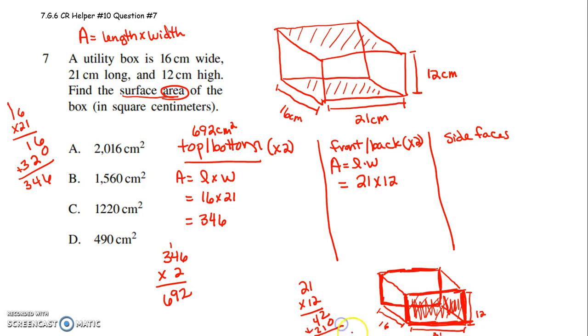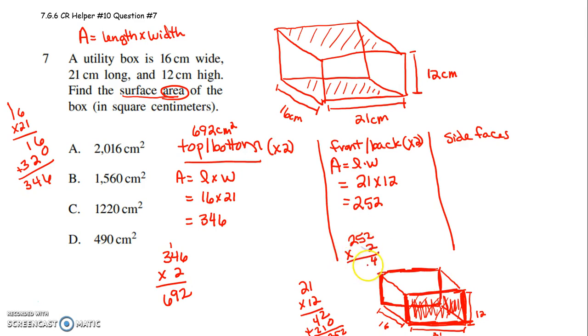Add them up. Hopefully that is 252. All right, 252. Now I have to multiply 252 by 2, because there's a front that takes up 252 square centimeters, and the back of that box takes up 252 square centimeters.